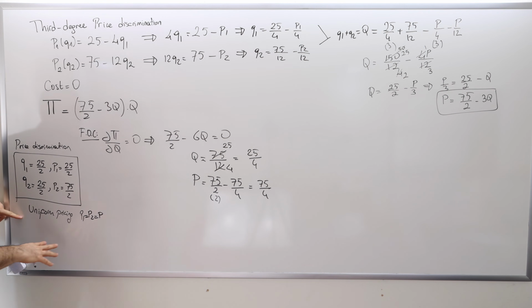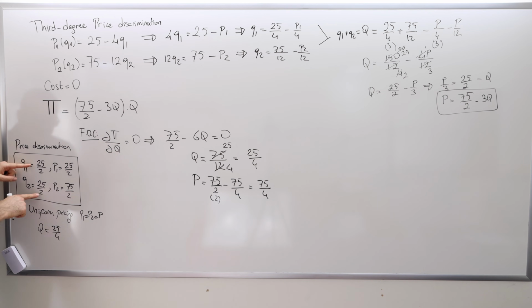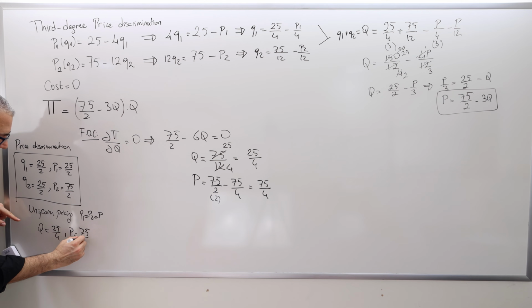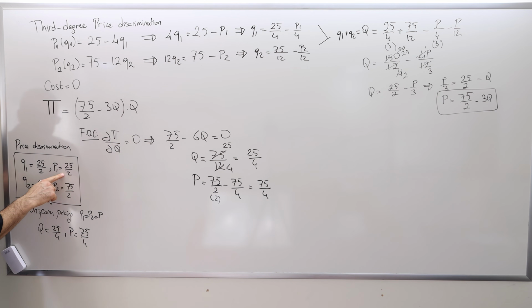However, if the monopolist is not allowed to price discriminate, then the total quantity will be 25 divided by 4, which is basically a quarter of the aggregate quantity in the price discrimination case. And then the price is going to be 75 divided by 4, which is higher than this but lower than the second group's.